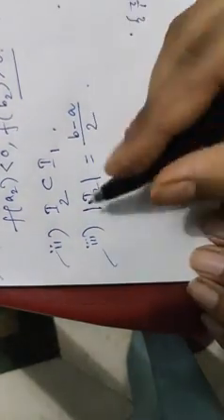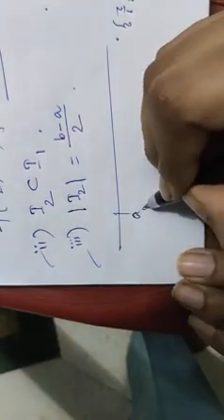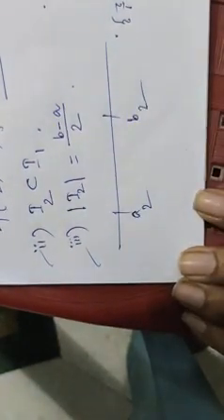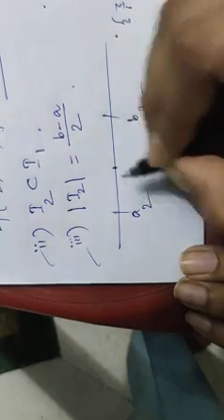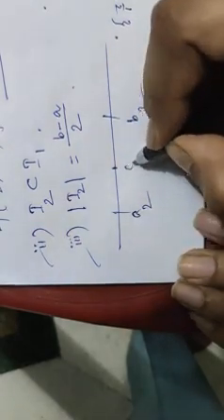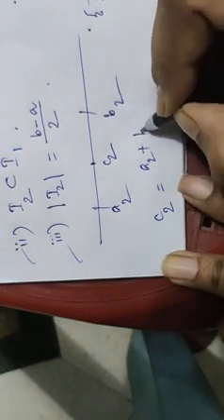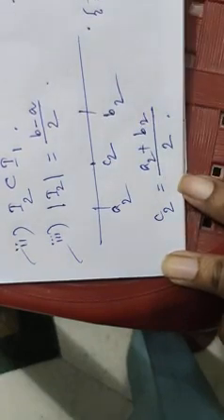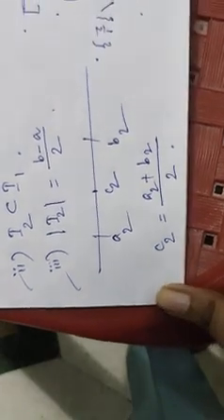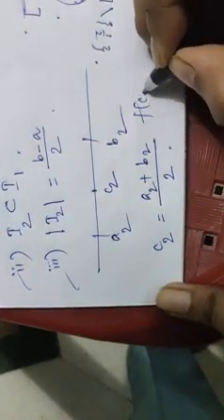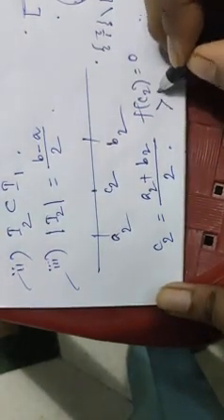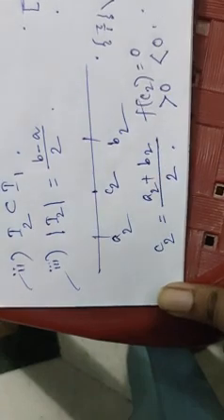Now moving to the new interval I2, that is A2 B2. This one A2, this is B2. Again we are dividing it at the midpoint and naming the point as C2. So what will be C2? C2 will be A2 plus B2 by 2. Then here also 3 cases can arise, that is f of C2 either 0 or greater than 0 or less than 0.